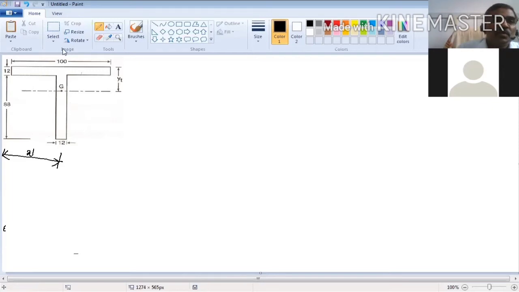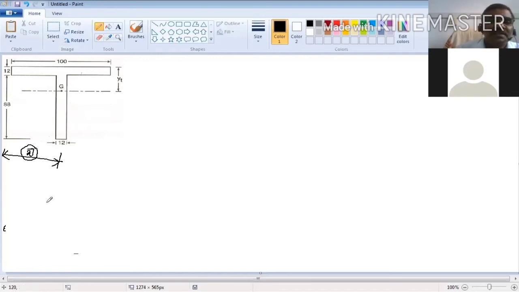So the y axis will come here. So x bar is equal to, if the width is 100, it will be 50. x bar is equal to 50. You can easily find that. But what about y? y is not symmetrical.